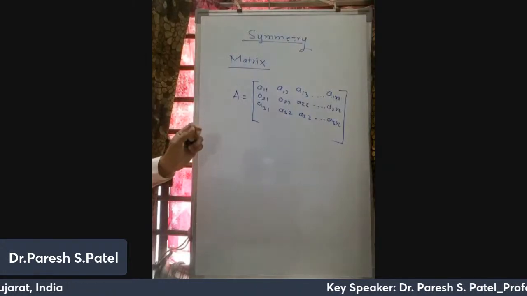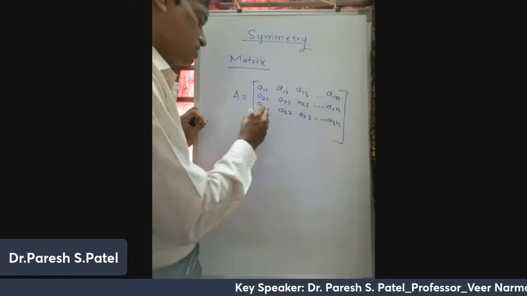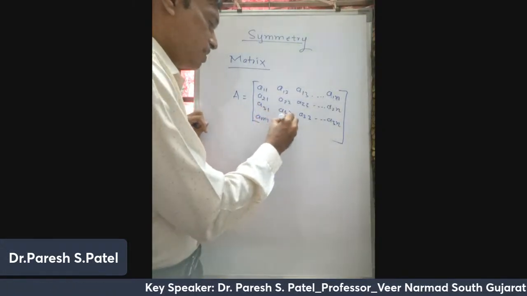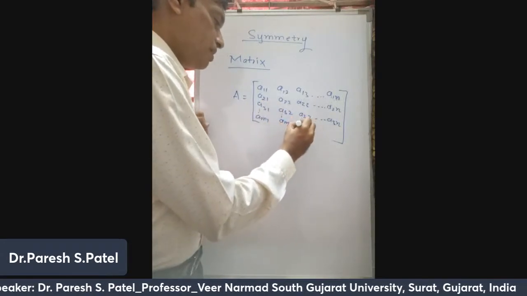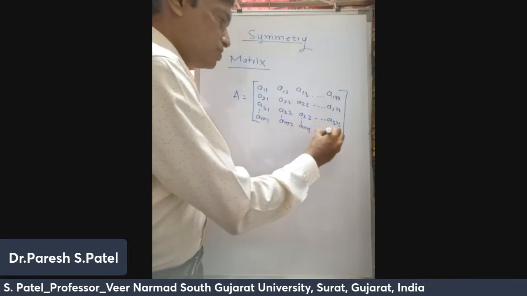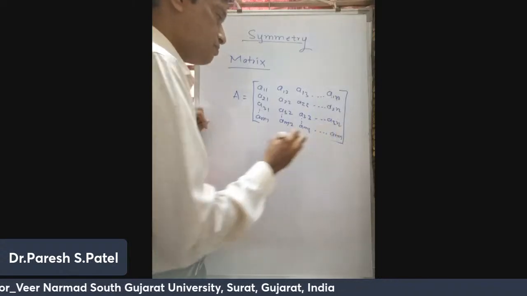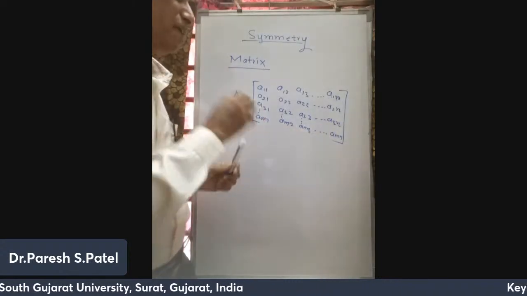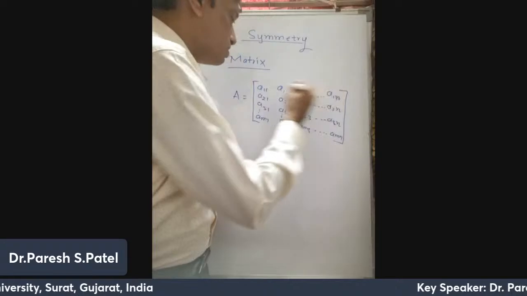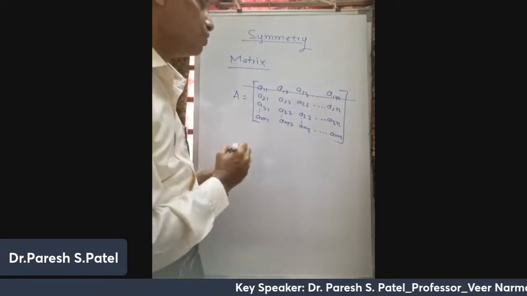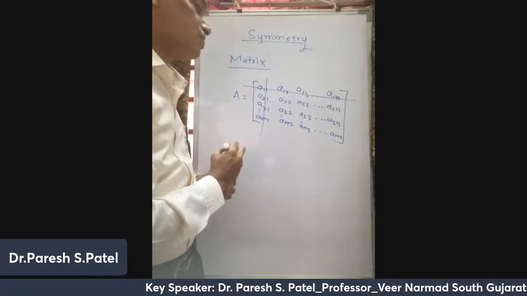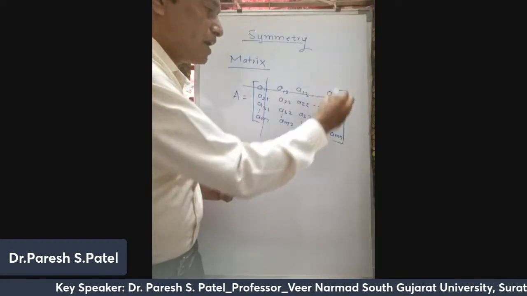And finally, this can be represented as AM1, AM2, AM3, and so on, AMN. So a matrix can be represented by the numbers of rows and numbers of columns. This is known as the first row. This is known as the first column, second column, third column, and fourth column.